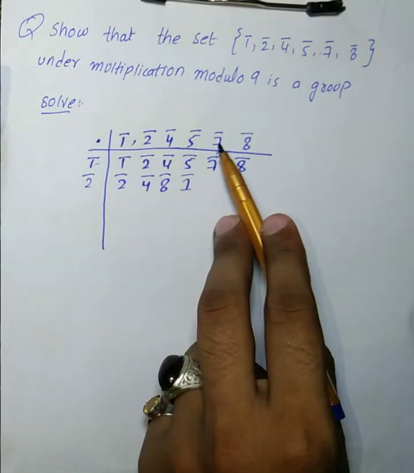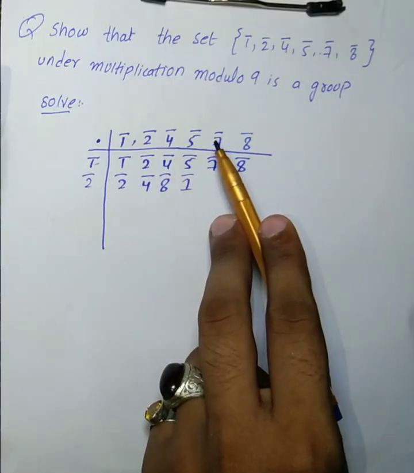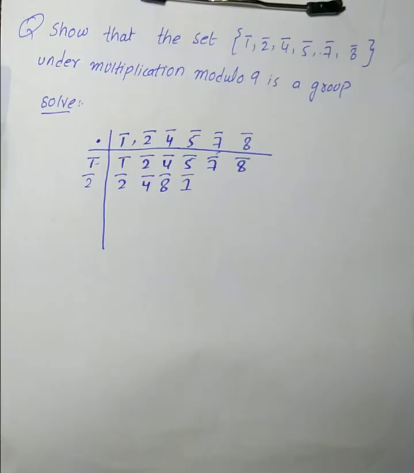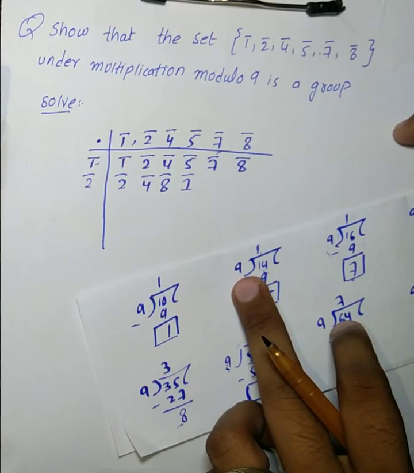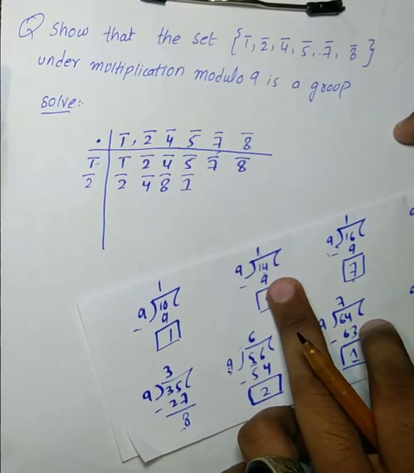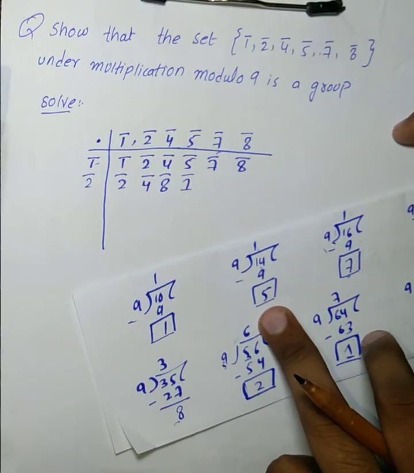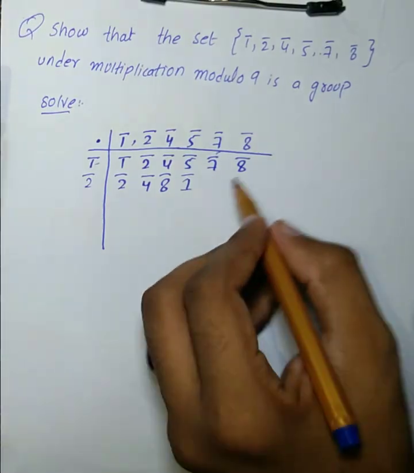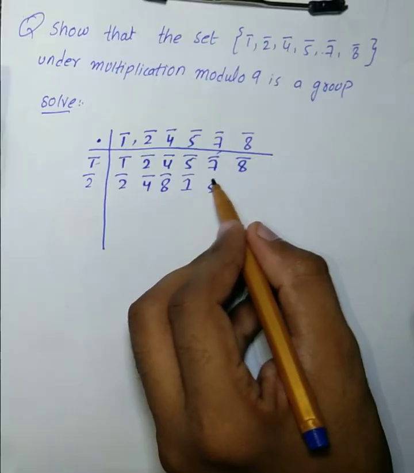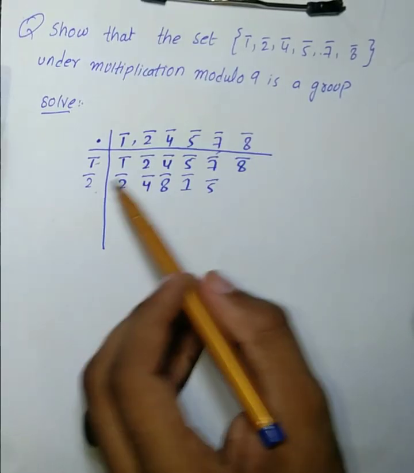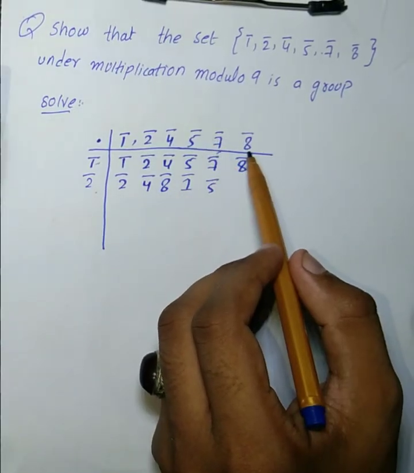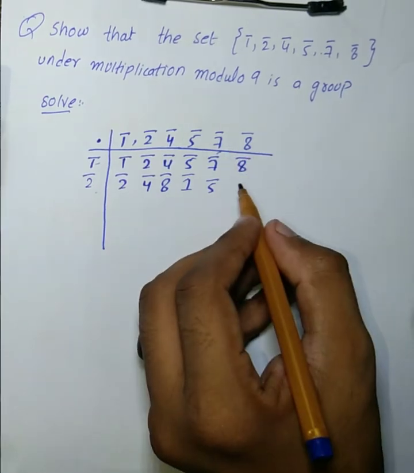And 7 times 2 is 14, and 14 is greater than 9. Divided by 9, the remainder is 5. And 8 times 2 is 16, and the remainder is 7.